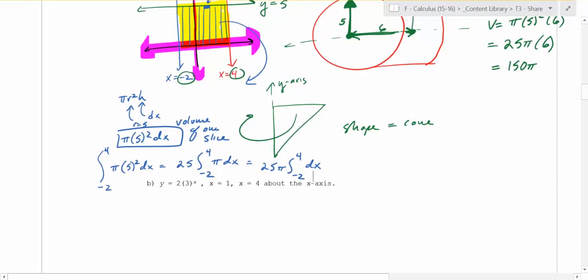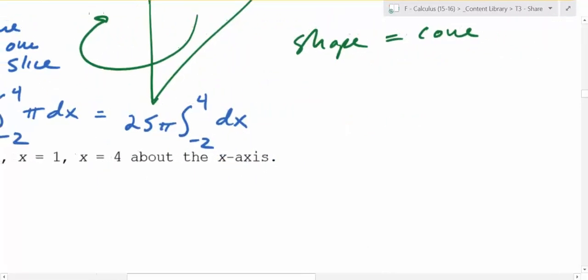What's the integral of just dx, Nick? What's the integral of dx? Effectively, what's the integral of 1? Just 1x. So what is that going to be? 25 pi times x evaluated from negative 2 to what? 4.